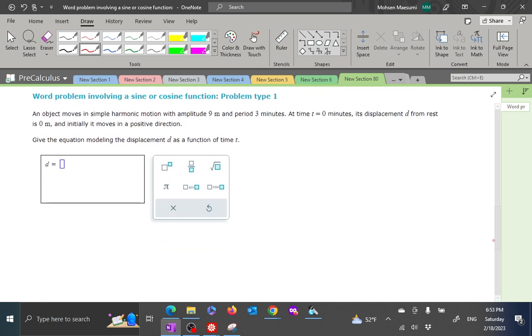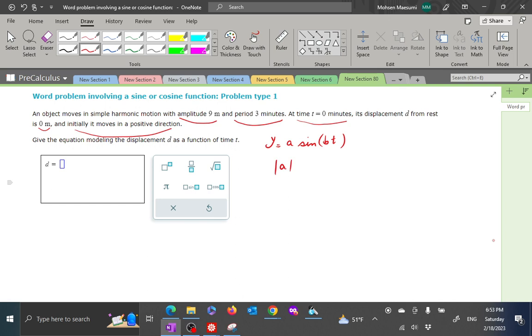Similar problem: an object moves in simple harmonic motion with an amplitude of 9 meters and a period of 3 minutes. At time equal to 0 minutes, its displacement d from rest is 0. That means we don't have any shift, and it initially moves in the positive direction, so it's going up first. So again, we use y equals a sine of bt.